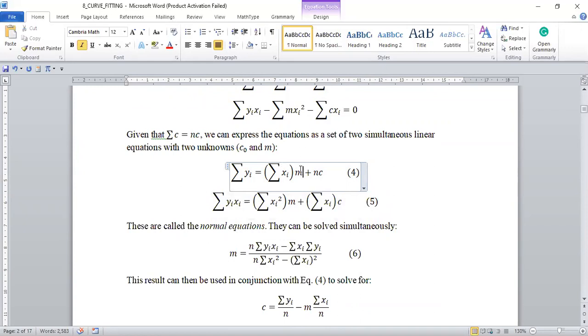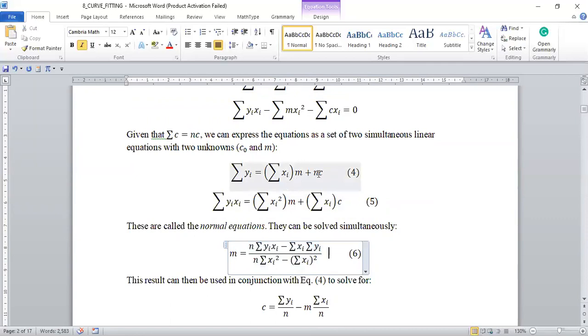You can use the elimination method or any of the methods we used previously, and I skip that step. So if you do that, we are solving for m and we are solving for c. When you solve for m, you arrive at this equation. You can try to do it on your own to prove that this is indeed the solution.